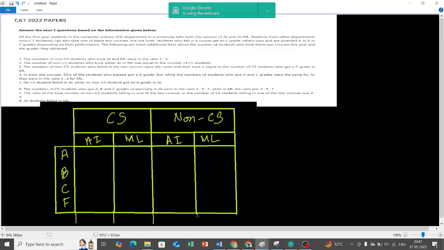This is the table that we have currently.